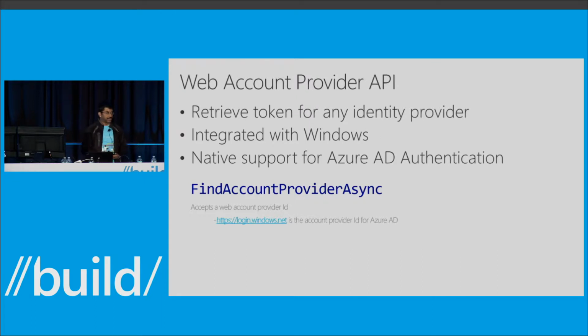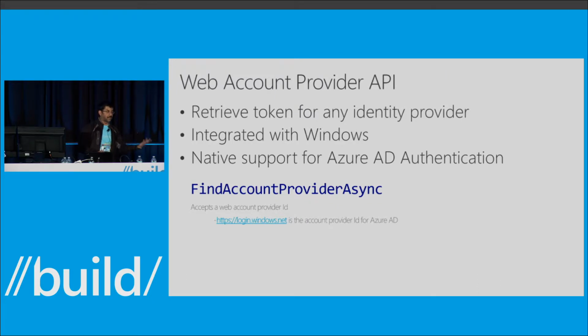Now, for account providers, you could say Facebook is an account provider, Azure AD is an account provider. You can write your own account provider, but for Azure AD, there's already an account provider built in, ready for you to consume. So you use the API called FindAccountProviderAsync and tell it to get me the Azure AD provider. And the way you do that is you give the authority of the Azure AD, which is login.windows.net.